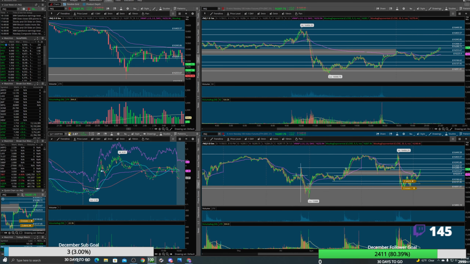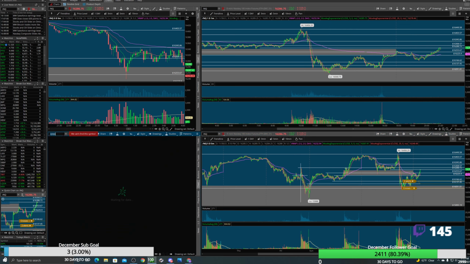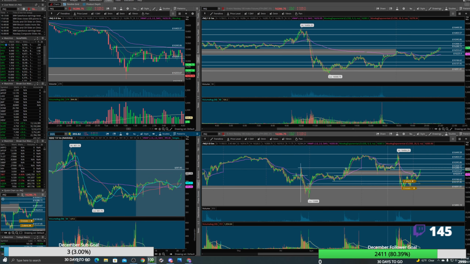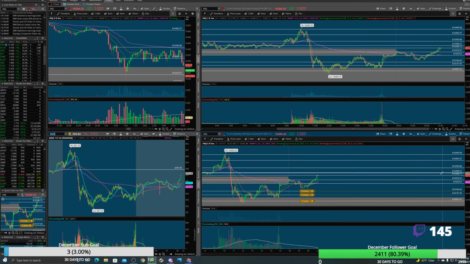If I put the chart side by side from today, and then, what time is this? 9, right there. So look, it follows this very closely. I know I have a lot of daily levels on this, but you get a pop up, pull back, pop up, pull back, pop up.